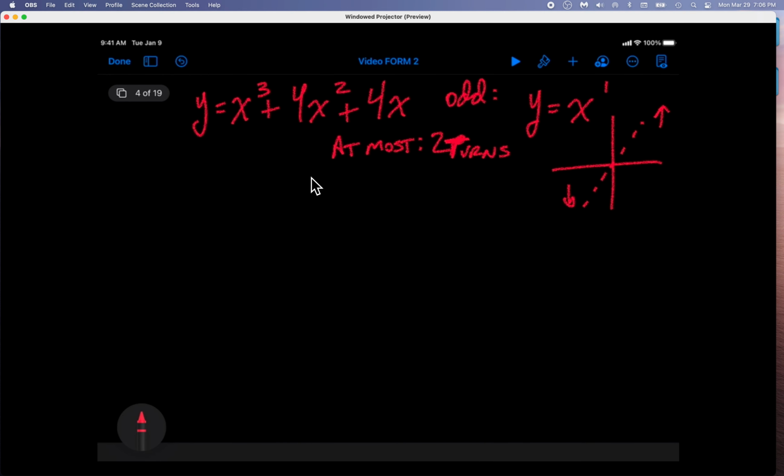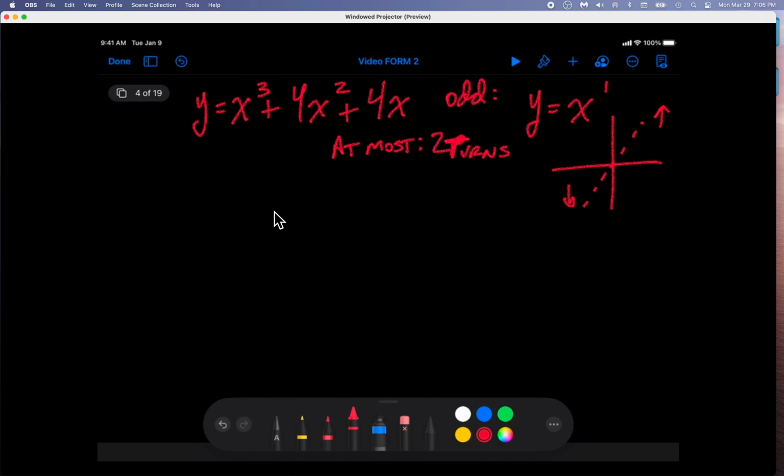Now let's factor it and find the zeros. Pull out a GCF. In this case, it's going to be x. We can then factor that.